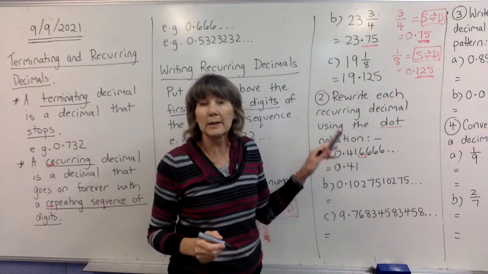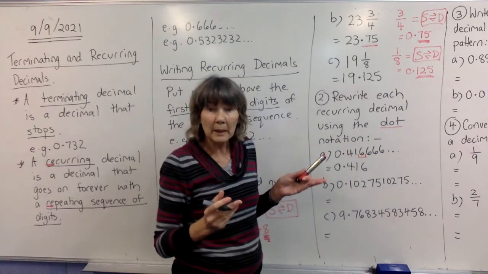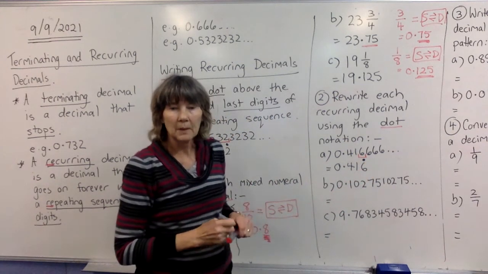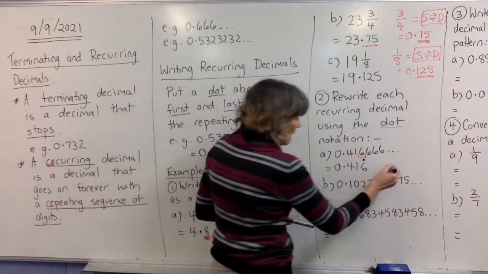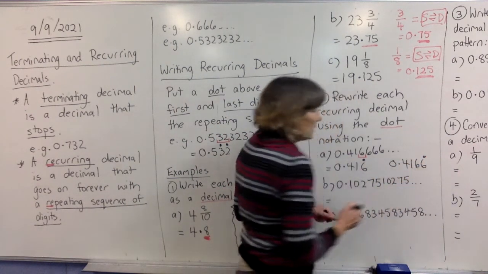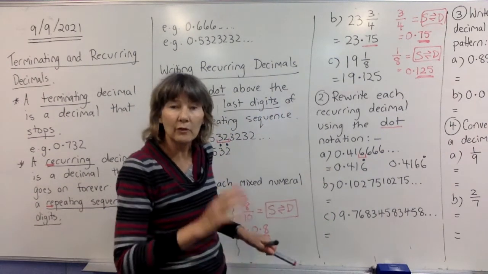Then we go, okay, we can see the 6's repeating. So there's only one digit repeating, so we only have one dot above that 6. Make sure you put it above the first 6. Sometimes people write down things like this, and in a test that's not going to be right, it's wrong. It has to go above the first 6.